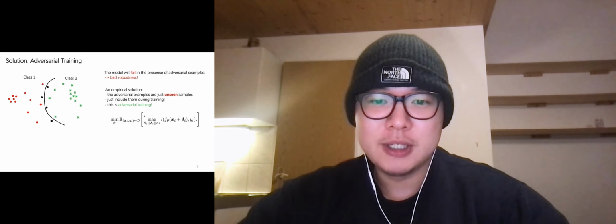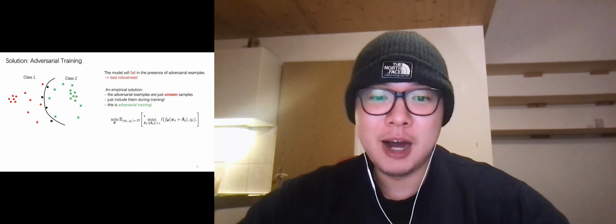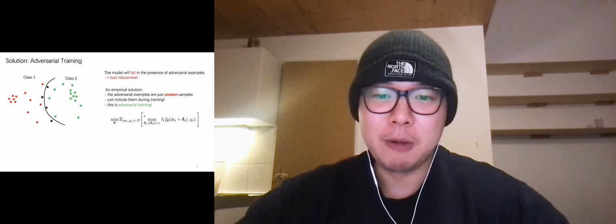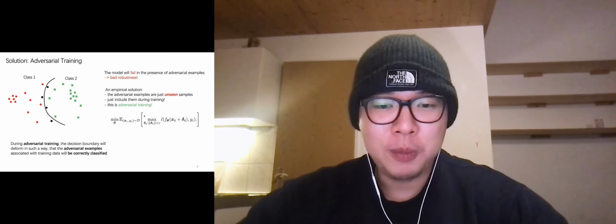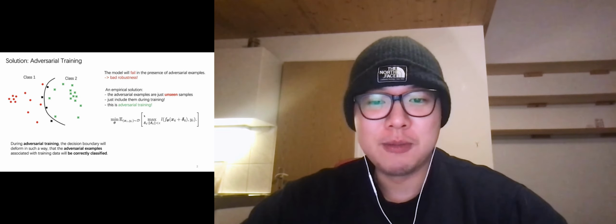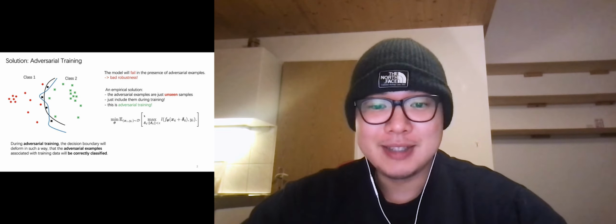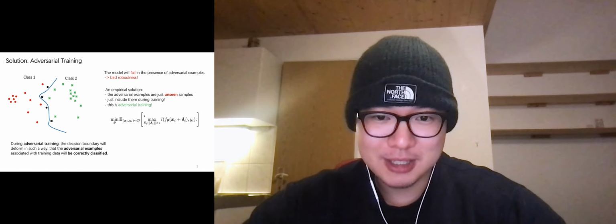One classic training objective could be defined as this minimax game, where we first find the worst-case perturbations by maximizing the individual loss and then minimize the overall adversarial risk. With this training objective, we hope that the decision boundary could deform in such a way that the adversarial examples could be correctly classified. It seems that the problem is solved.